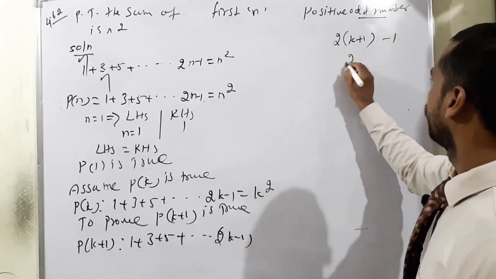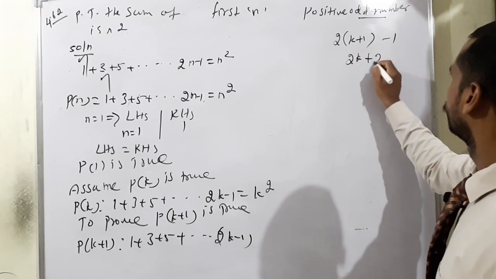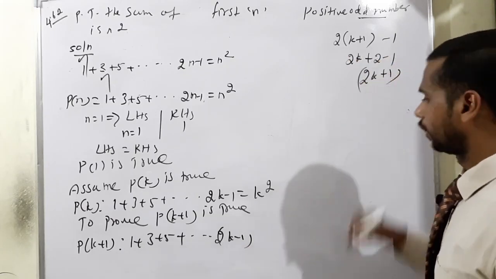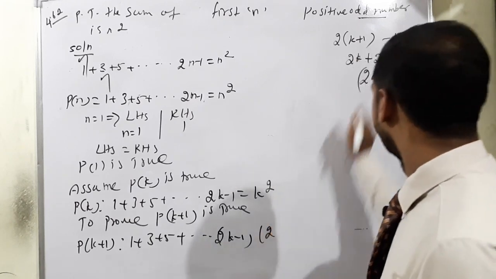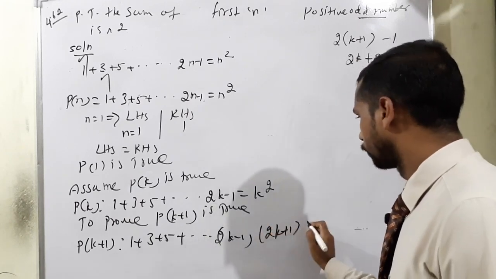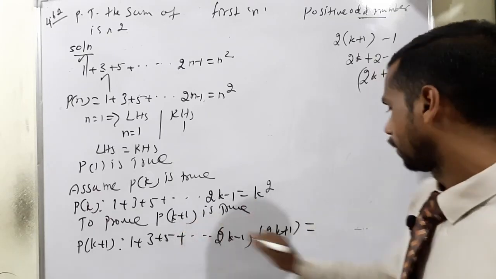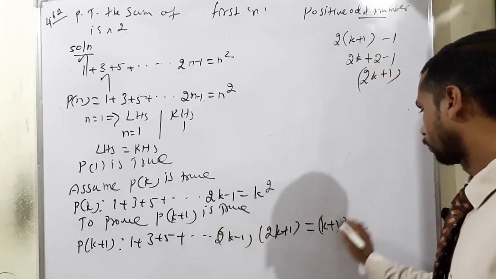So 2k plus 2 minus 1, therefore plus 1 will come. There, actually, 2k plus 1 is equal to, on the opposite side, instead of k we write k plus 1, so k plus 1 square.